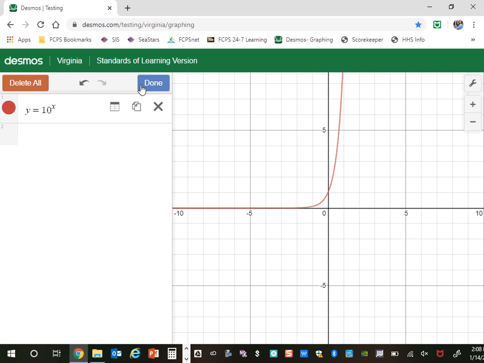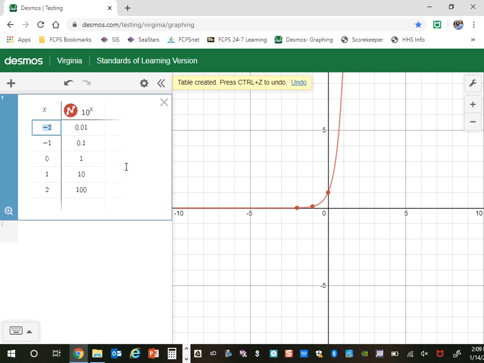So let's get some points. I'm going to go to my table. All right, so let's get some good points. Clearly, I can't graph 2 and 100, right? So I'm going to write down, and once again, we don't have to have perfect points. That's okay. I don't expect you guys to all have perfect. So -2 and then 0.01.